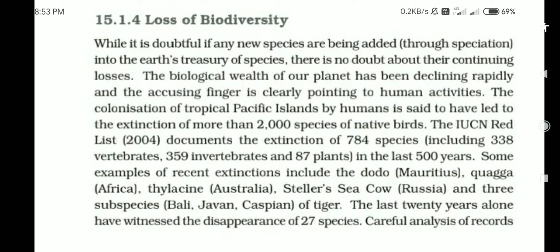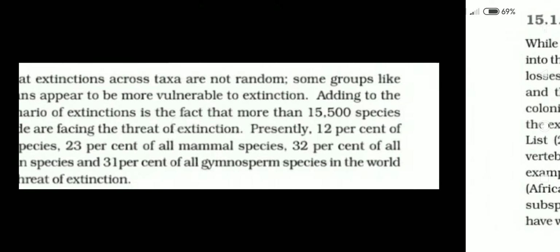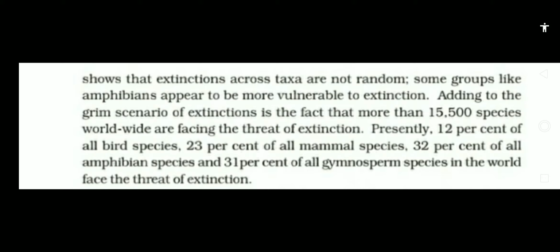Now, when the loss of biodiversity takes place at such a range, the extinction across the taxa is not random.